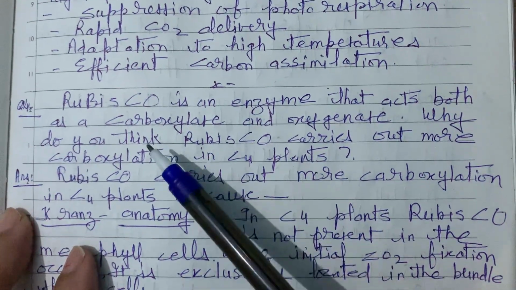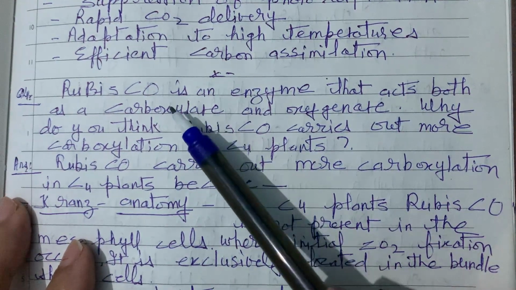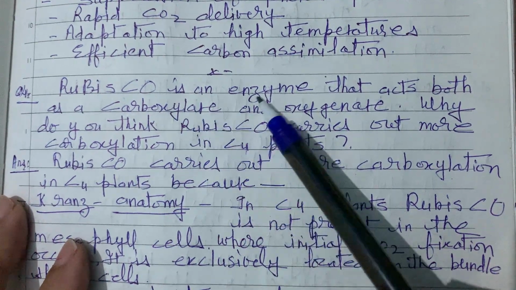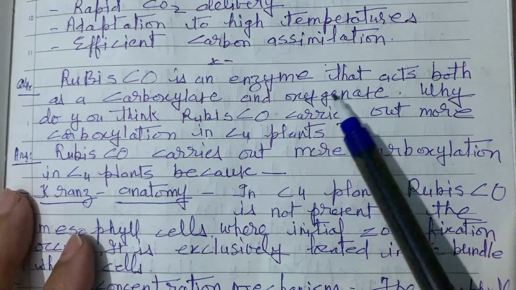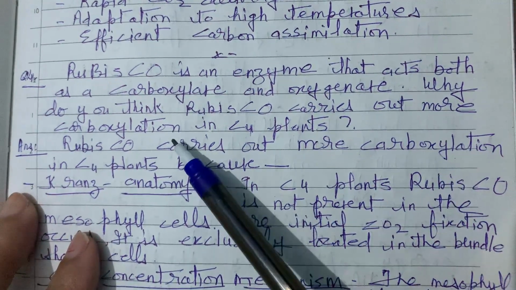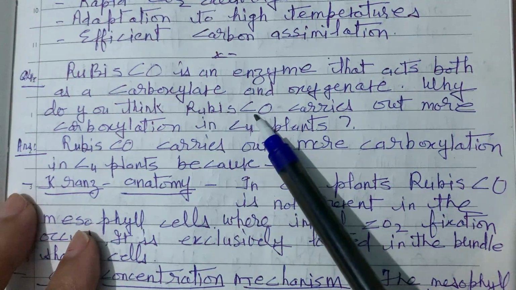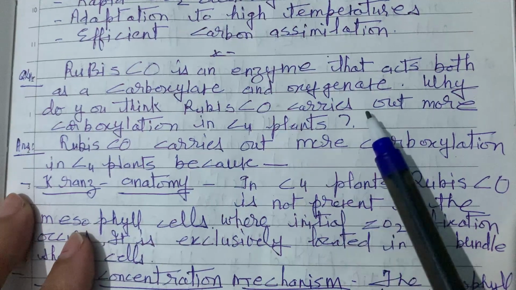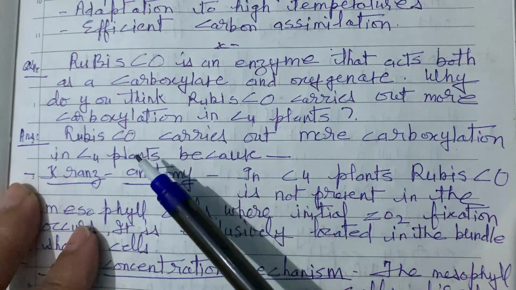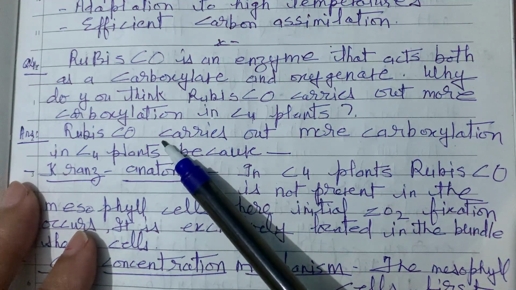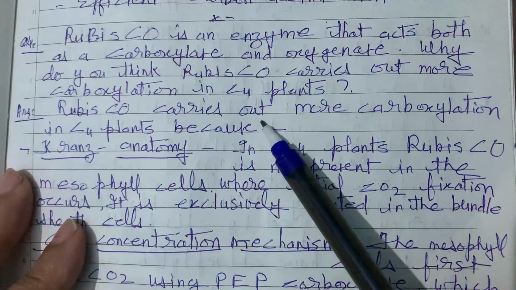Fourth question: ribulose bisphosphate carboxylase oxygenase is an enzyme that acts both as a carboxylase and oxygenase. Why do you think that ribulose bisphosphate carboxylase oxygenase carries out more carboxylation in C4 plants?